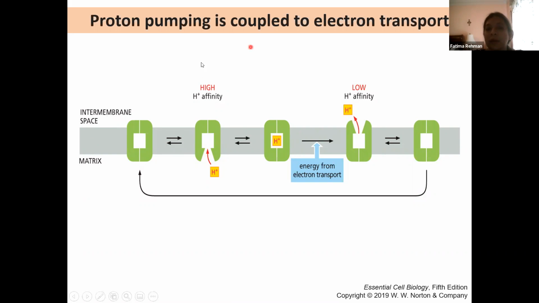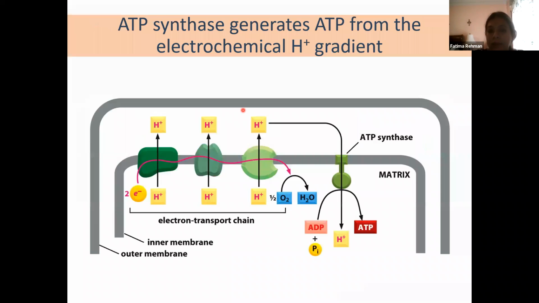And when the proton concentration is high in the intermembrane space, each electron transfer will lead to the movement of these protons into the matrix. So depending on how much proton concentration is present in the intermembrane space, the same carriers can either carry them in or out depending on what is needed.